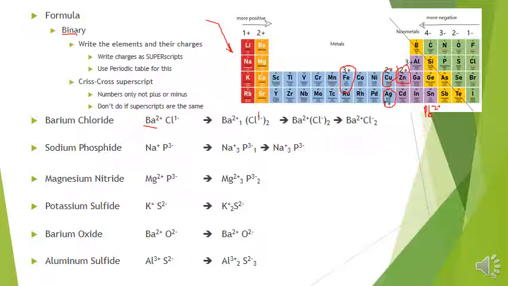Do not put them on any other. Don't put them on covalent compounds. So water, don't put charges. Don't put a 2 minus on oxygen. No charges on covalents. The charges will only go on the ionic compounds.